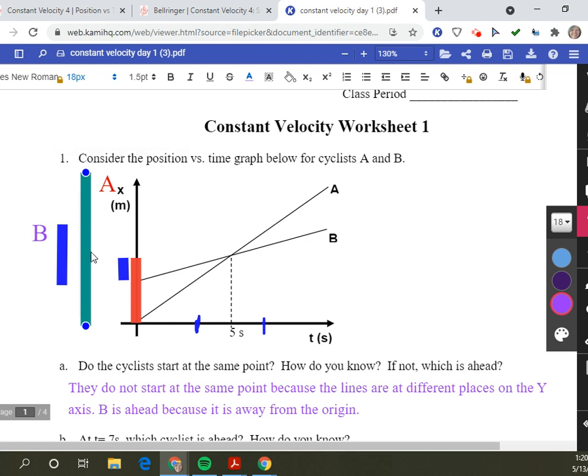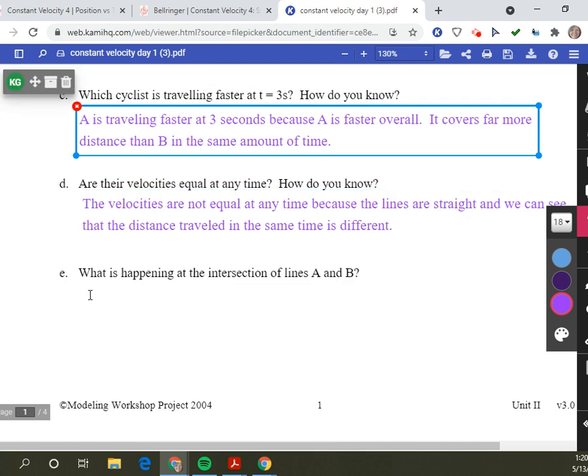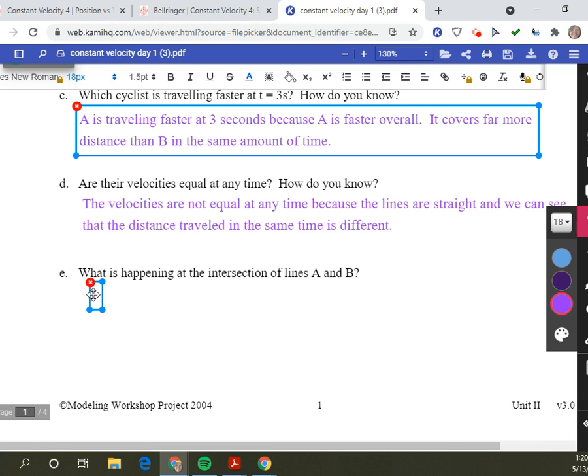You passed B. So at the intersection, A is passing B. Okay, these are our trails made by our bicyclists. A is starting here, traveling. B is starting here and just travels. But A is passing B. Okay.